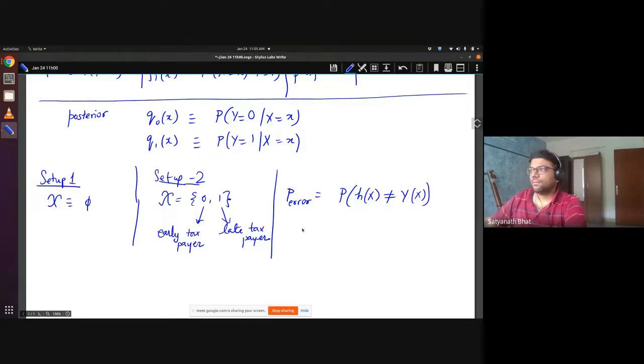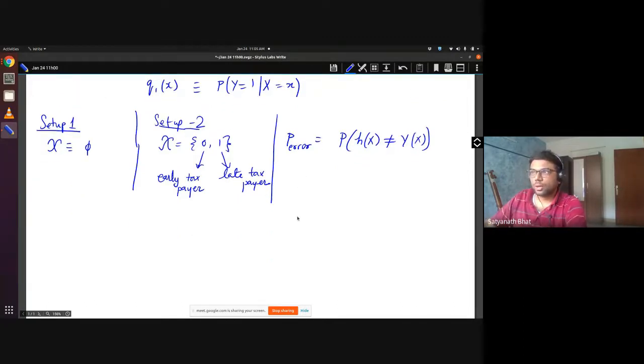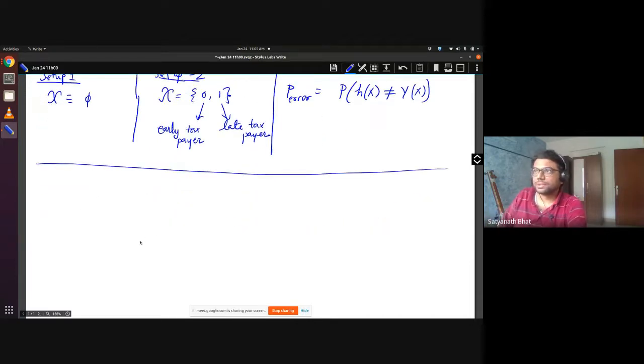So now we want to extend it to one more case, which is setup 3, where we look at continuous features. So I have still not given you a proof of optimality of the base classifier.